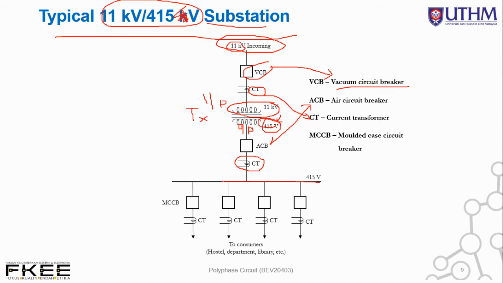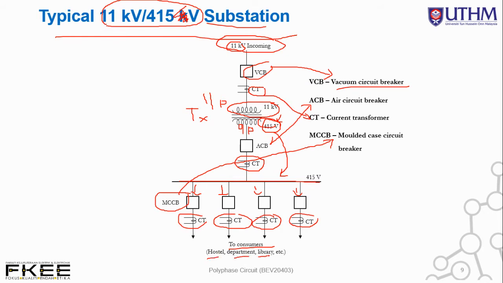This is the bus bar for the 415 volt after being stepped down, and it is distributed into several lines with their respective MCCB, which stands for molded case circuit breaker, another type of protection. There are circuit breakers and current transformers for each individual line before it reaches consumers, for example, the hotel, department, library, school building, hospital, etc.